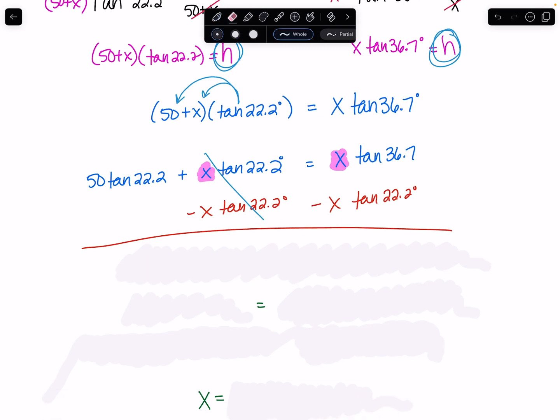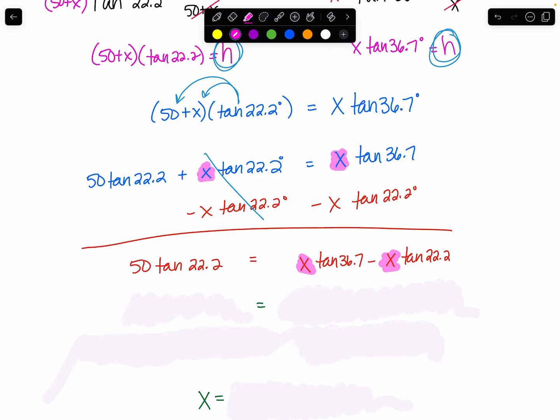Might want to pause for a second and write down your new equation. You should have 50 times tangent of 22.2 degrees is equal to x times tangent of 36.7 degrees minus x times tangent of 22.2 degrees on that right side. Now again, here's our variable, right?